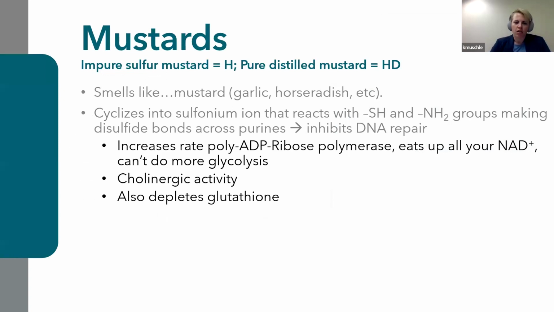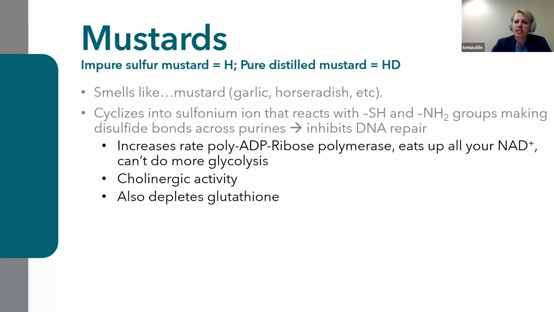If you're also into chemotherapeutic drugs related to those: there's an impure sulfur mustard, which is coded as H, and there's pure distilled mustard, which is coded as HD. That is important if you're looking at coded diagrams or other resources that help you identify the chemicals. If they don't spell it out, that's what those letters mean.